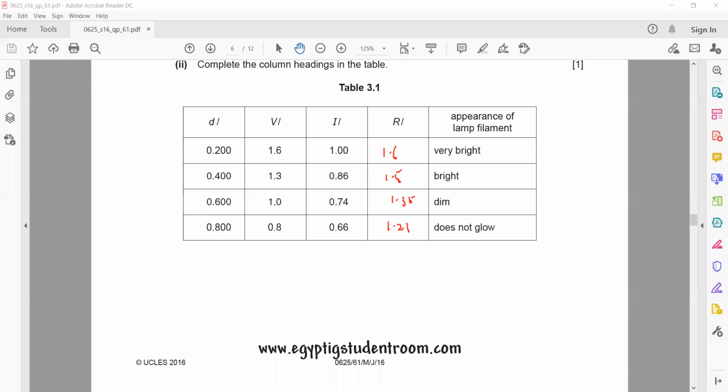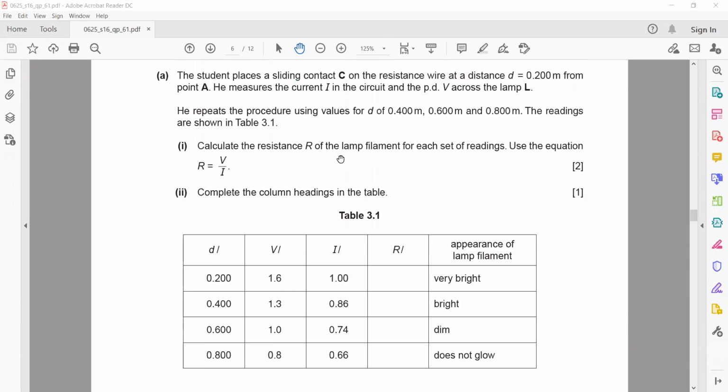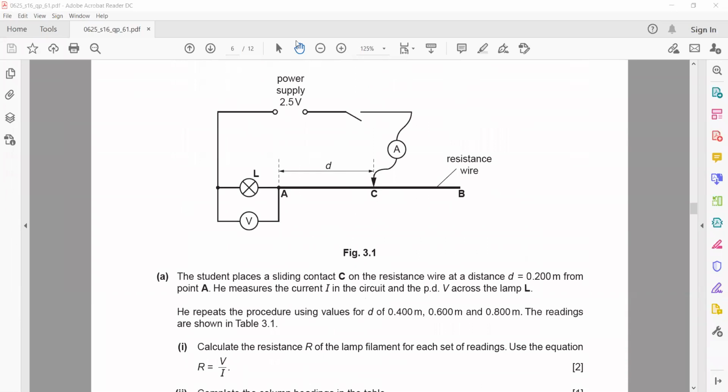When we are changing the length of the wire, the voltage and the current across the lamp are changing, but the ratio should be constant. But that ratio is not coming out constant. What might be a reason? The reason is that the lamp will become hot. The resistance is not constant because of heat.